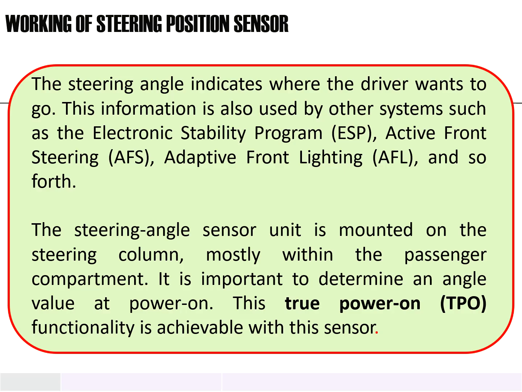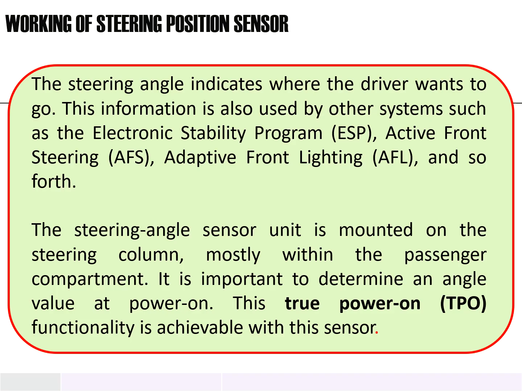Now let us understand the working of the steering position sensor. The steering angle provides information about where the driver wants the vehicle to go or move. For example, when the driver turns the steering wheel to the left, the sensor detects the corresponding steering movement. Similarly, when the steering wheel is turned to the right, the sensor detects the movement in the opposite direction. The steering angle information is not used only for steering control.